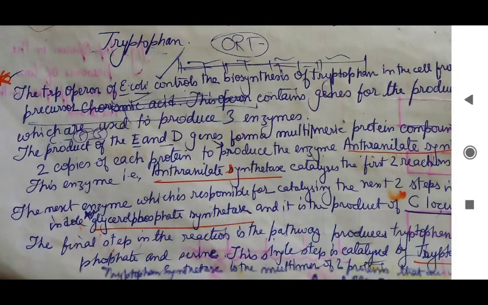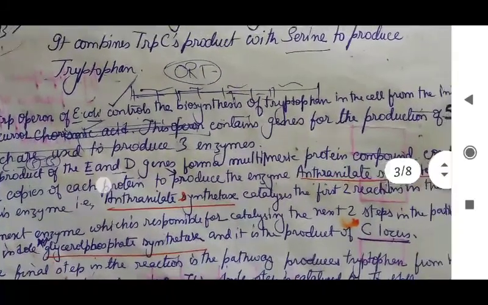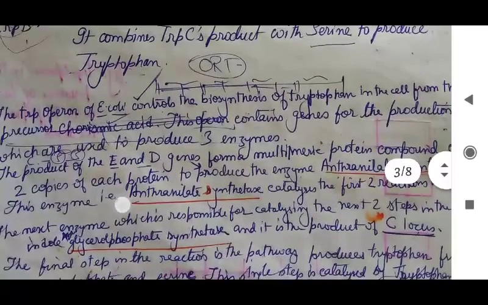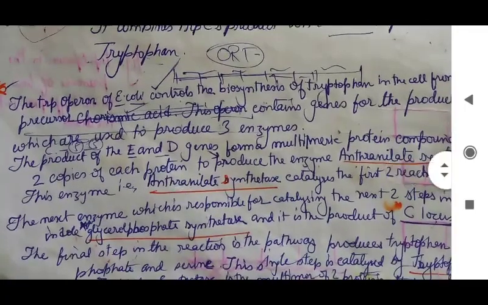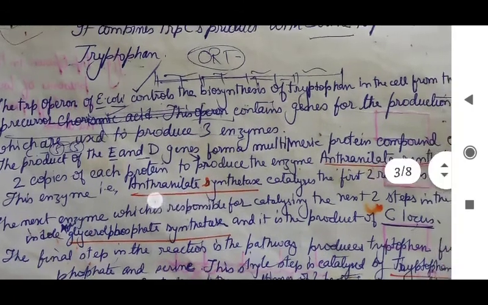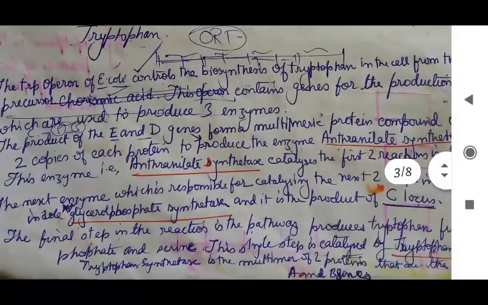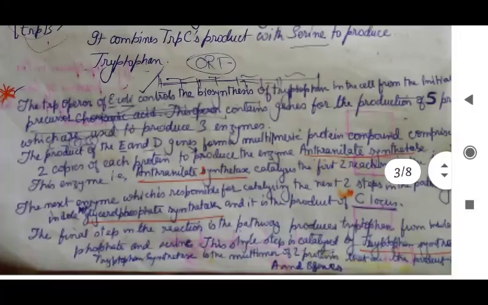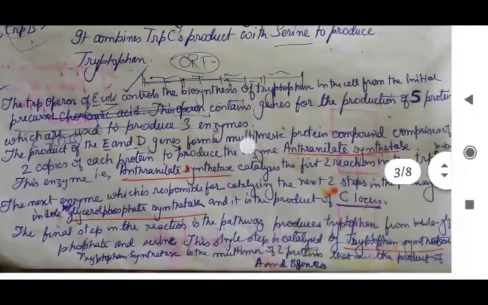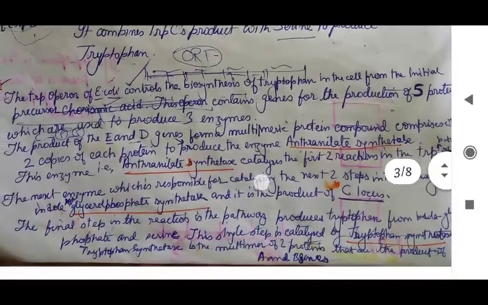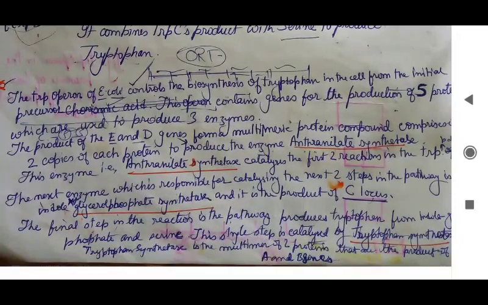So the tryptophan operon of E. coli controls the biosynthesis of tryptophan in the cell from the initial precursor called chorismate. This tryptophan operon contains genes for the production of 3 enzymes, right? 5 polypeptide chains produce 3 enzymes.